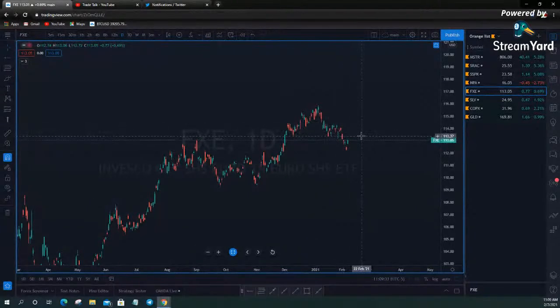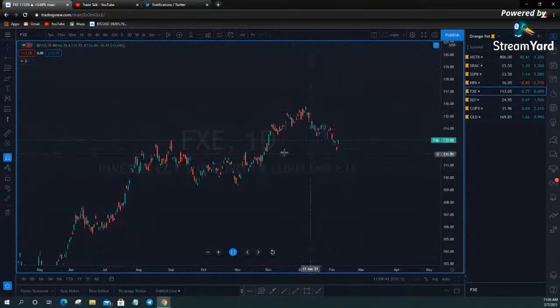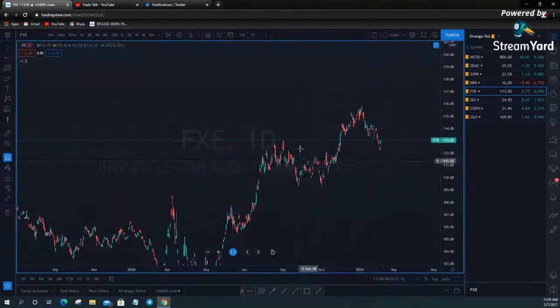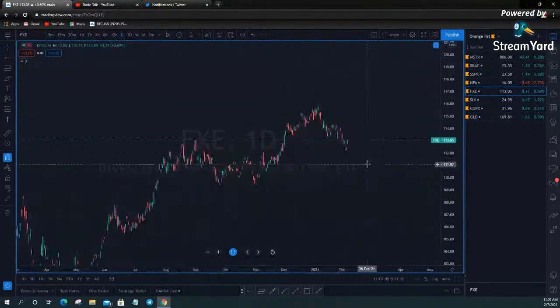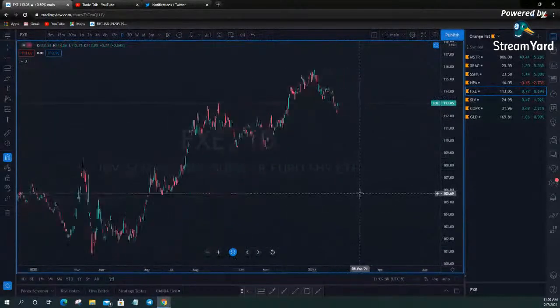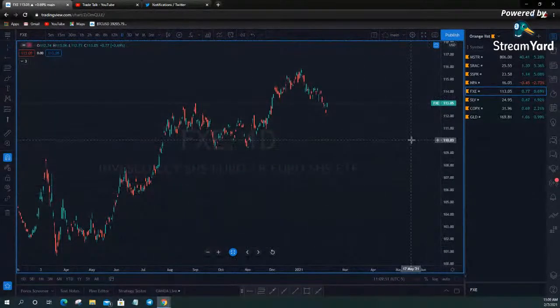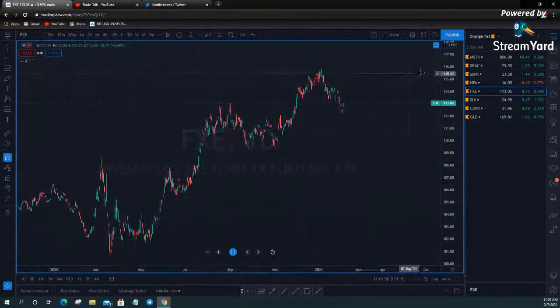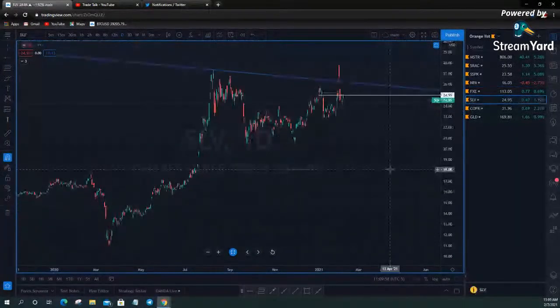So spot price euro against the dollar would be what you want to get your levels from when trading this. I understand this is a stock and you're probably buying calls or puts depending on the direction you're heading. Ultimately, it is bullish and you're still bullish. The euro, longer term, is still structured to the bullish side. We are at a very, very key area.